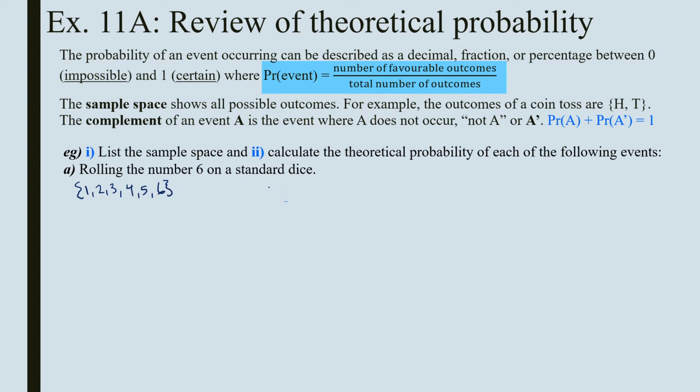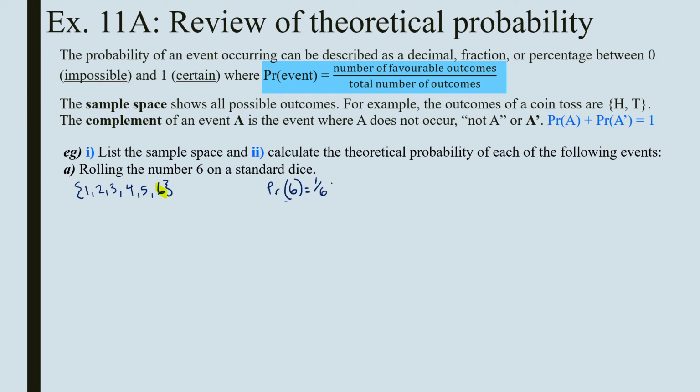And the probability of rolling a 6, so PR for probability of rolling a 6 in brackets, is given by, we've got this number 6 occurs only once in this sample space, out of a total number of 6 possible options.